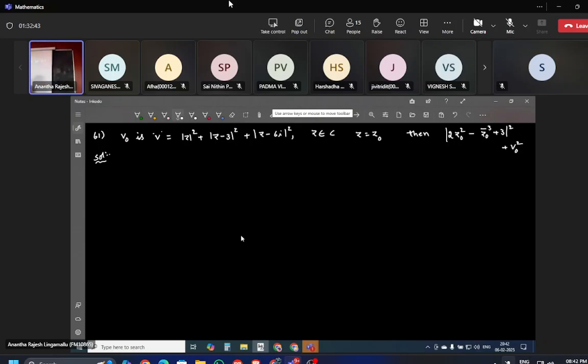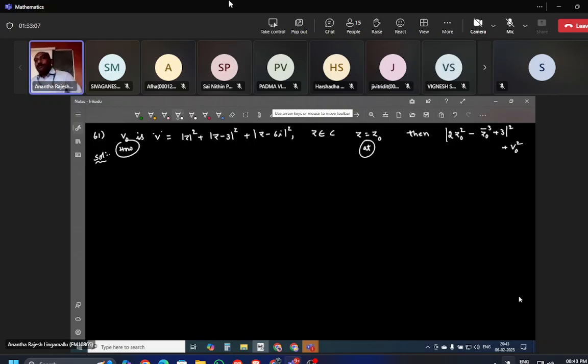So the minimum value is attained for this one at what? At z equal to z naught. And how much is this? V naught. You know, in a quadratic, where the minimum occurs and how much it is? Where does the minimum occur in a quadratic? Minus b by 2a.